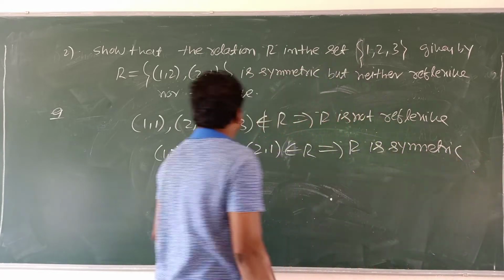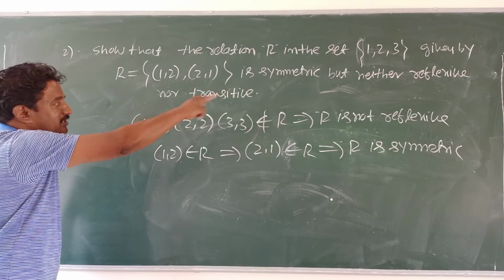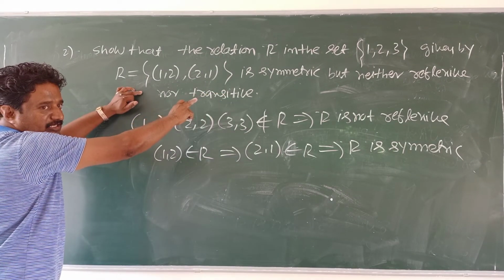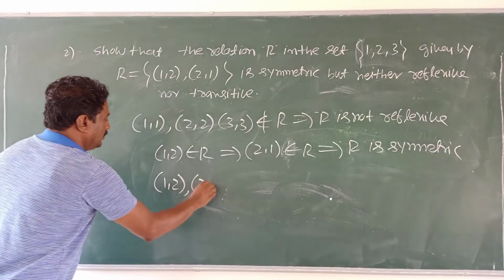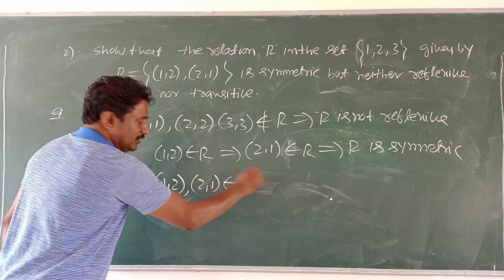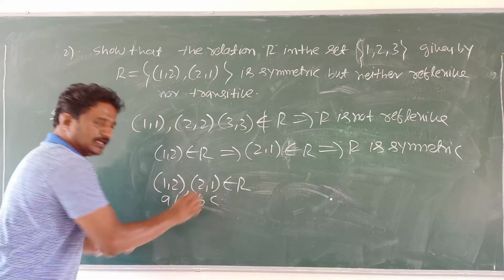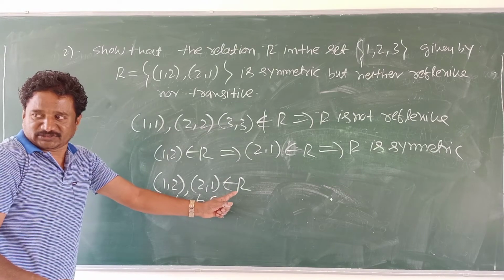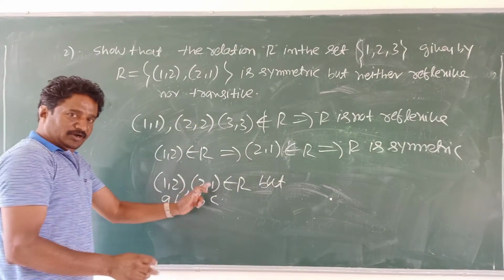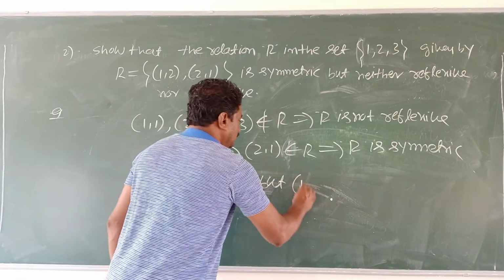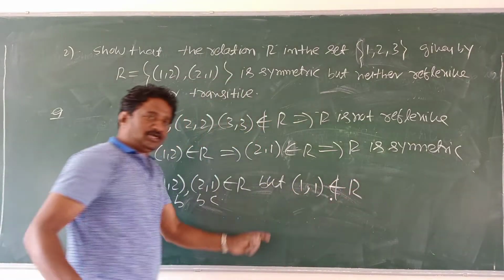Is R transitive? Let me check. It is asked to show R is not transitive. (1,2), (2,1) belong to R. AB, BC belong to R. But take AC from this: (1,1) does not belong to R. Is R transitive?